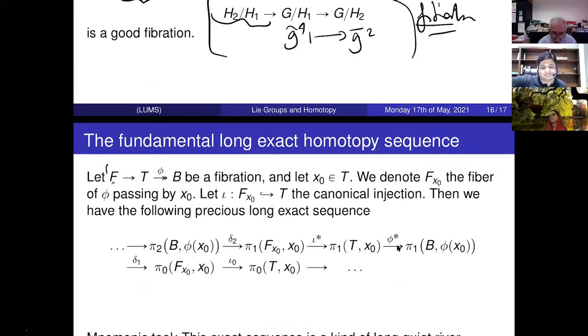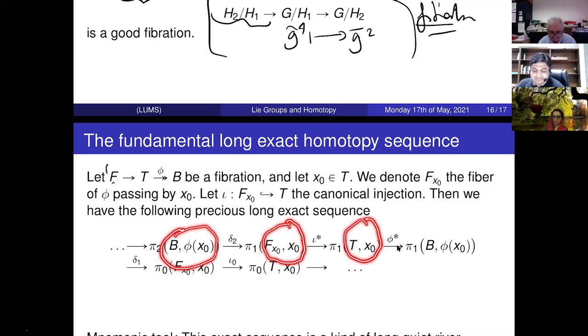So you take an element x0 here, and you take the fiber which passes through it inside of T, and you have the injection of the fiber inside of T. B is pointed with respect to phi of x0. The fiber is pointed with respect to x0. T is pointed with respect to x0.